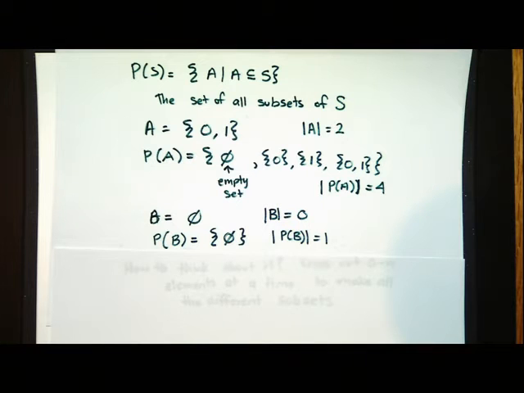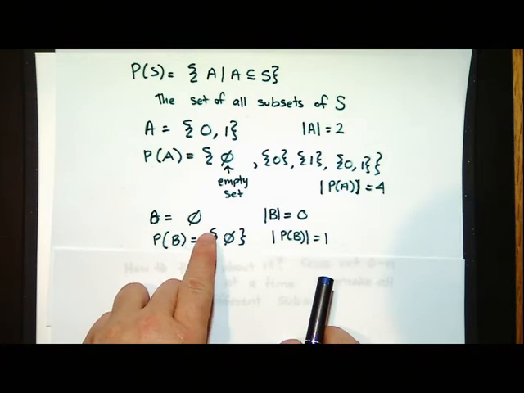Yes? The power set of B is not a subset of B. So you just asked me, how can the set containing the empty set be a subset of the original set? It's not. So this is a subset of this.